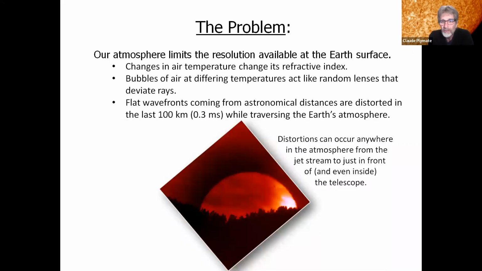Now, keep in mind, these distortions can occur anywhere in the atmosphere, from the very top of the atmosphere down to just in front of or even inside our telescopes. And again, I like this picture that I took long ago that well illustrates this. Notice that, yeah, the sun, as it's rising over the ridge, is heavily distorted, but the trees in the foreground are relatively sharp. So in this instance, the image distortion, the seeing, was caused by high altitude atmosphere, not the near environment around the telescope.